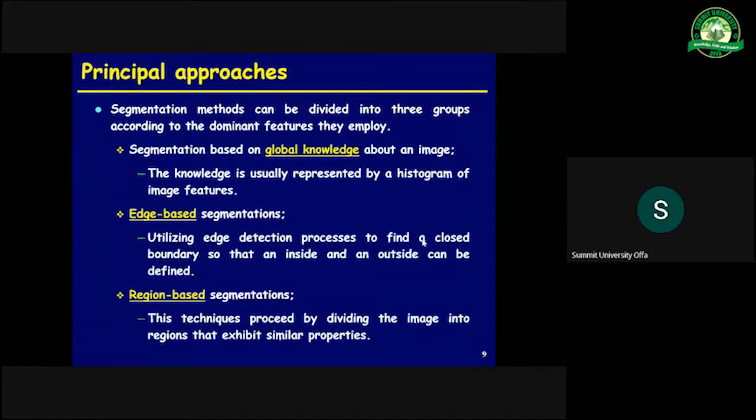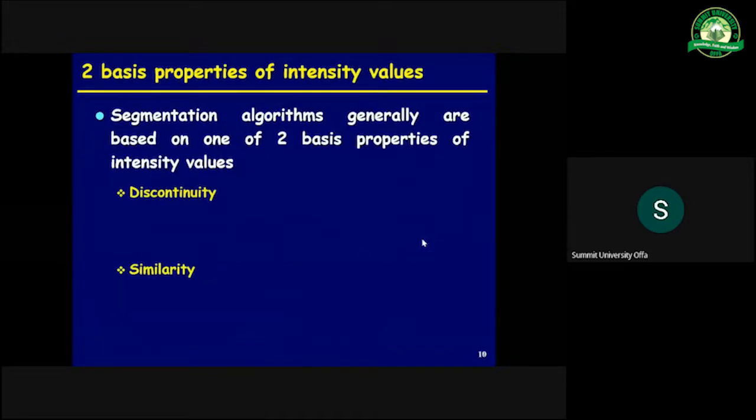So that's what we are talking about here: region-based segmentation. This technique proceeds by dividing the image into regions that exhibit similar properties. Okay, segmentation algorithms are generally based on two basic properties of intensity value.